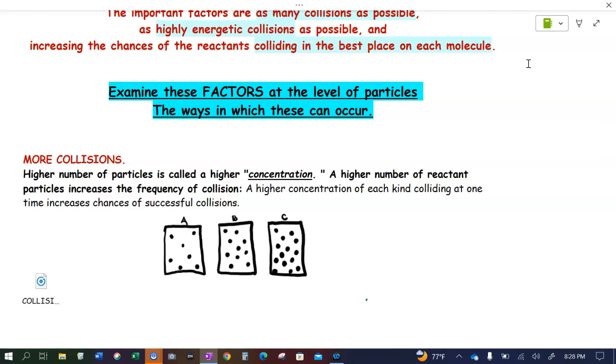But since the odds of winning are 1 out of 6.5 million, 100 tickets gives you a higher probability, but you don't know if it's going to be enough to be successful. So that's the idea that we're going with more collisions.